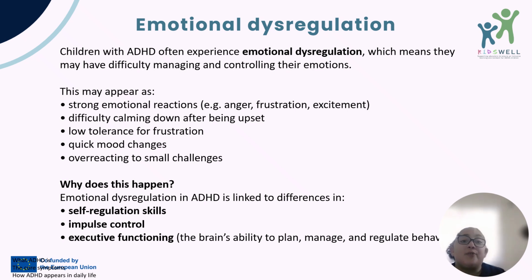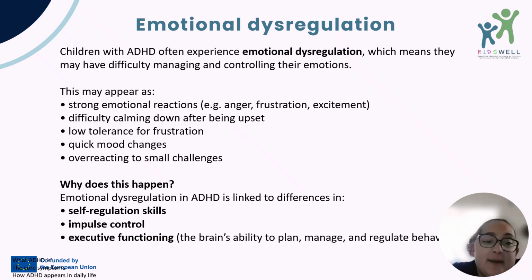Emotional dysregulation. Children with ADHD often experience emotional dysregulation, which means they may have difficulty managing and controlling their emotions. This may appear as strong emotional reactions, for example anger, frustration, excitement, difficulty calming down after being upset, low tolerance for frustration, quick mood changes, and overreacting to small challenges.